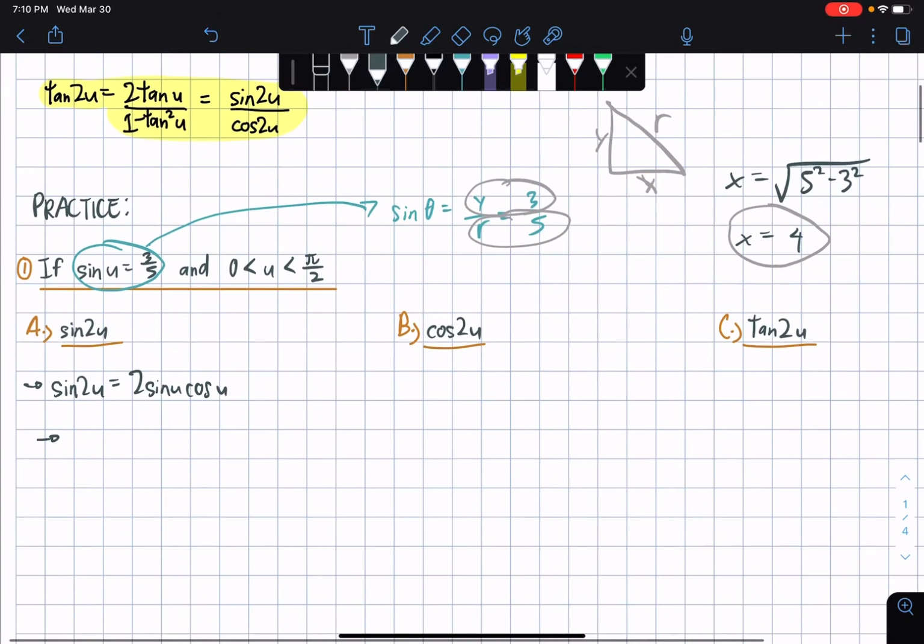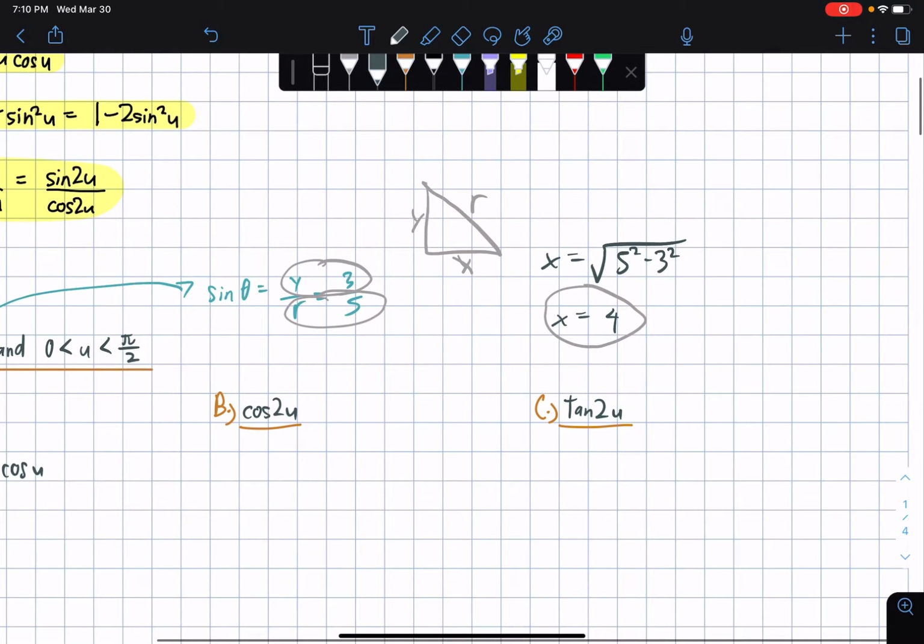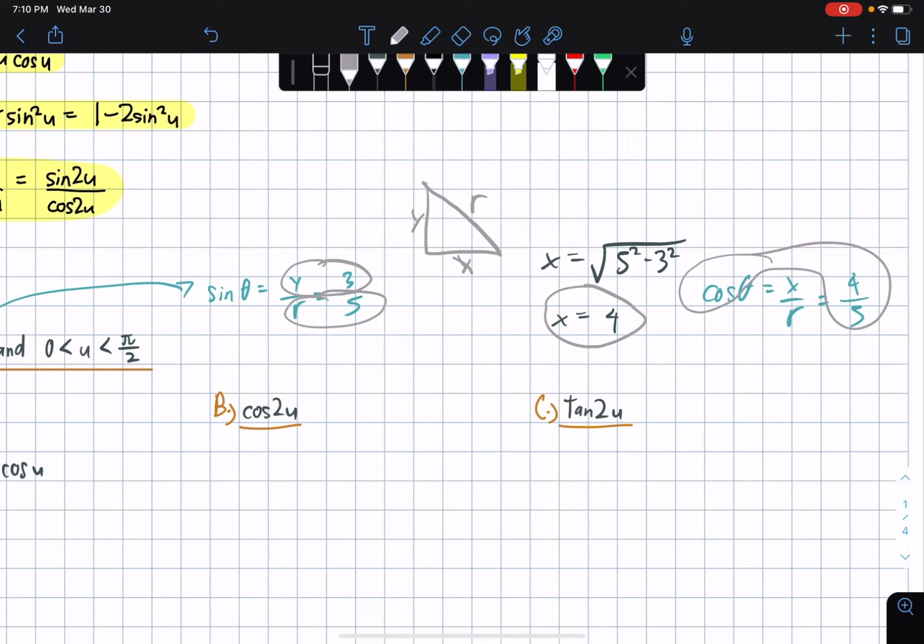Now, with x equal to 4, you also have to take note that our cosine theta, in the unit circle, is x over r, which is 4 over 5. You have to take note of these values. Cos is 4 over 5, sine is 3 over 5.